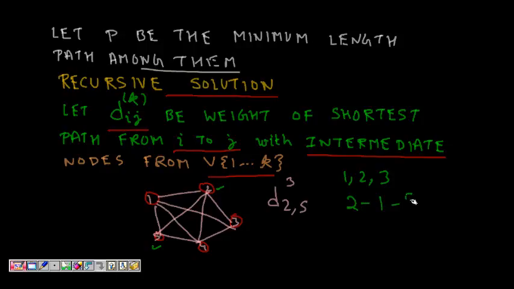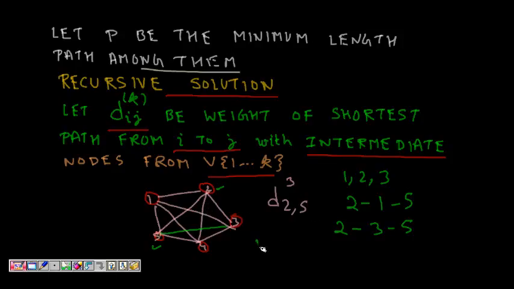So I'm just using the first intermediary node, and then I can use 3 also. And let's say we had one edge here also, because this is a clique graph. So 2, 3 and 5 is another one that we can have, and 2, 1, 5 we can have.